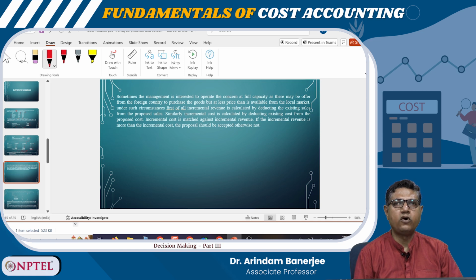Similarly, incremental cost is calculated by deducting existing cost from the proposed cost. Incremental cost is matched against incremental revenue. If the incremental revenue is more than the incremental cost, the proposal should be accepted, otherwise not.